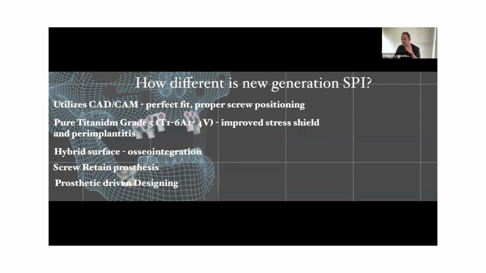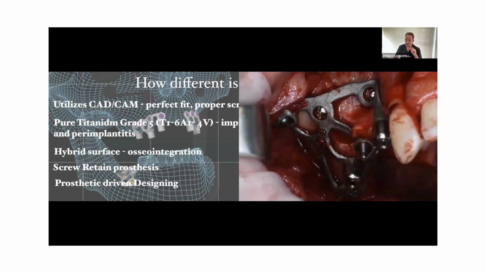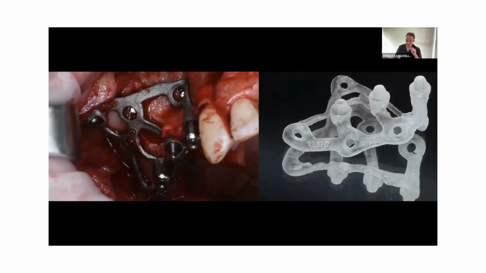And if we have this precise fitting, we can reduce the micro movement. Okay? Again, now we can use this kind of titanium, titanium grade 5. It's completely different compared with the past. And this is one of the cases that I will show later on. But anyway, this is the new concept of subperiosteal implant.